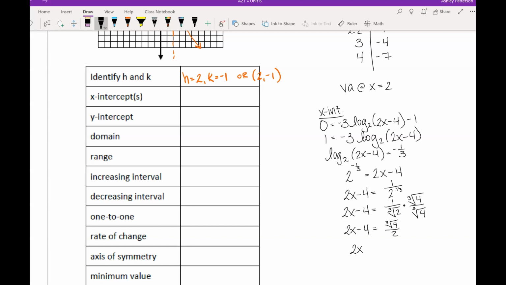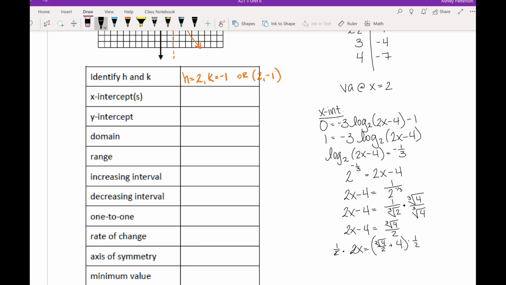And then I'm going to add 4 to both sides. So 2x is equal to the cube root of 4 over 2 plus 4. We then need to divide everything by 2. Keep in mind, we have a fraction on the right-hand side. So a fraction and a fraction with a fraction is a lot of fractions. So what I'm going to do, instead of dividing, is multiply both sides by the reciprocal.